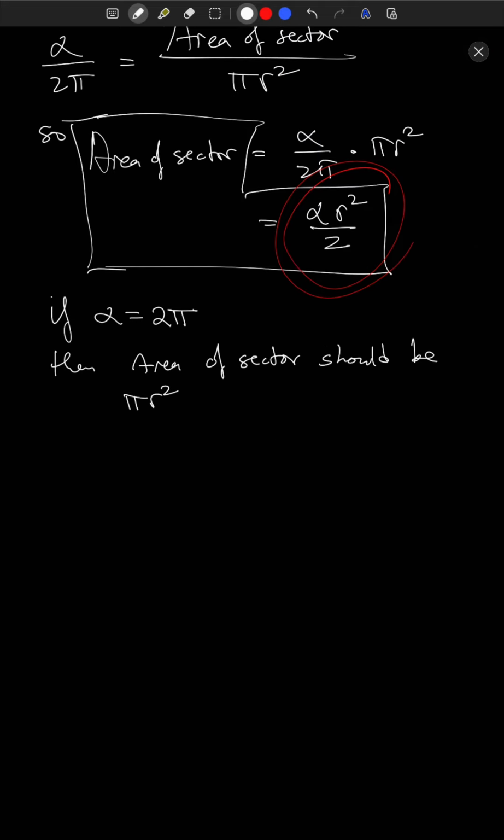And let's check our formula for this special case. Our formula says alpha r squared over 2. Alpha is 2 pi, so 2 pi r squared over 2. That's pi r squared. So it looks okay.